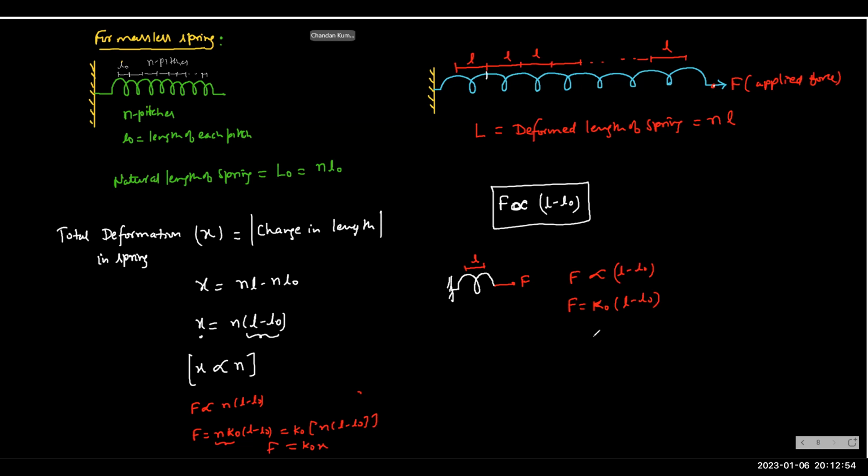So with a single pitch, the X will also be equal to the deformation. The only difference is the X in a bigger spring will have more value, and in a small one it will have less value. That's it. But the proportionality constant, which we are going to call later on the spring constant, will remain the same.